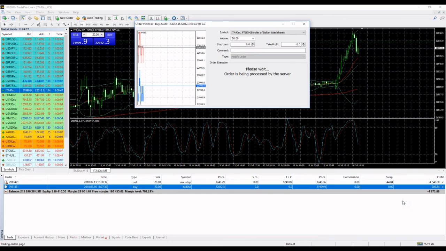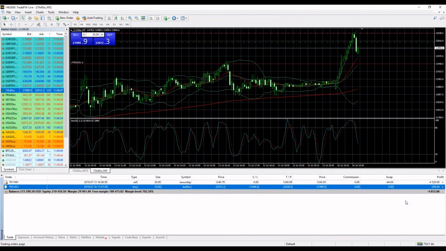We entered at 22,012. Our stop loss is at 21,948, and our take profit is at 22,038.